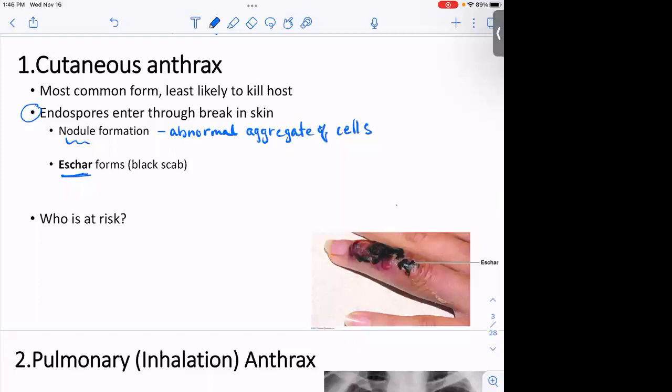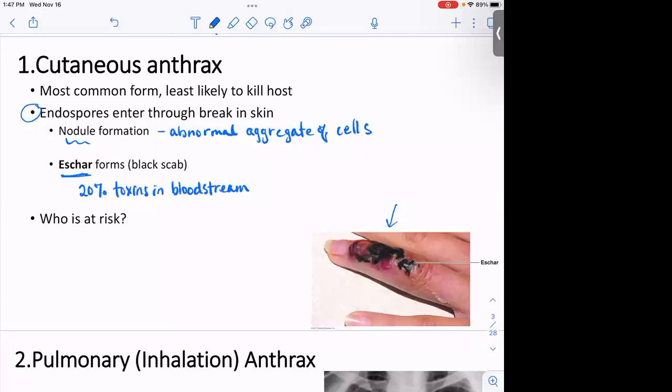Apparently it's not painful. It looks like it would be terribly painful, but most of the time this will heal up on its own and scar. Most of the time, people are fine. About 20% of the time, the toxins will get in the bloodstream, and then it has the potential to be fatal.